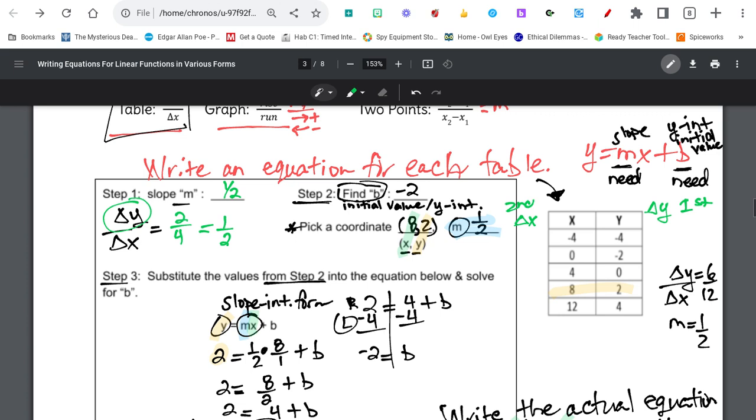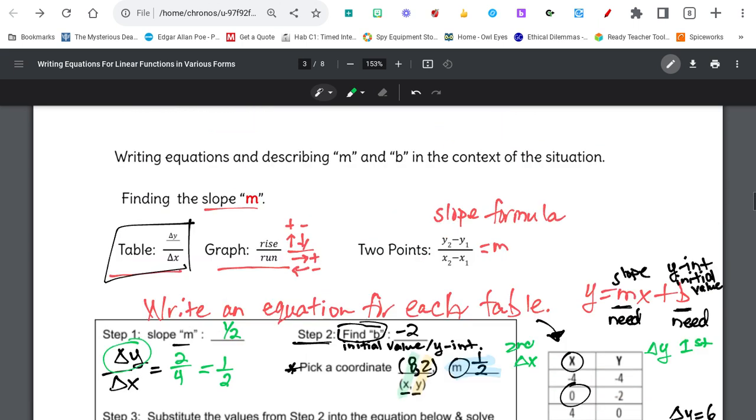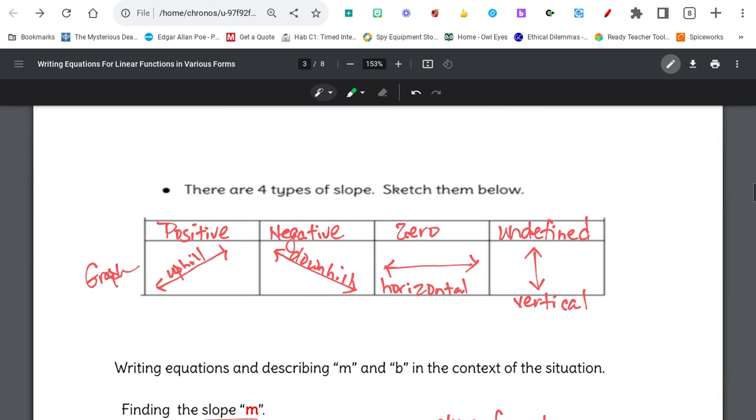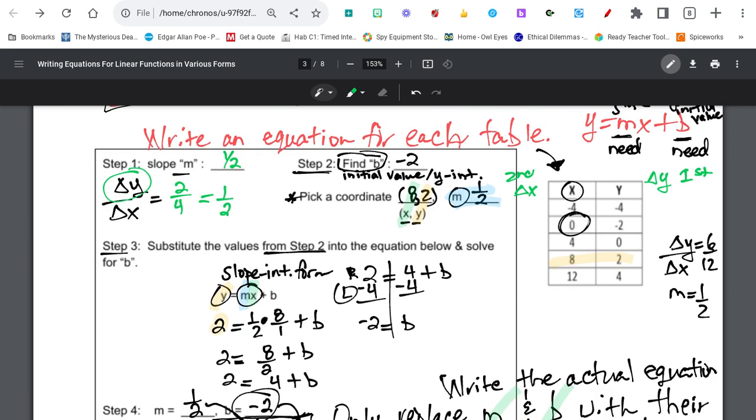Okay, let's try one. And I'm going to tell you something, guys. You could have easily found b from this table because here is an x of 0. Remember what I said up here about Daniel's problem? So this 500, which is the b, your y-intercept, is his weekly base pay. That means with 0 sales. So when your x is 0, that corresponding number is also my y, my b.